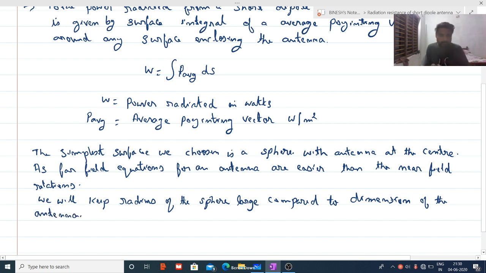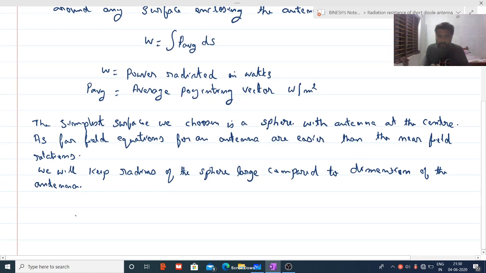I think it's clear for you. We will keep the radius of the sphere large compared to the dimension of the antenna.